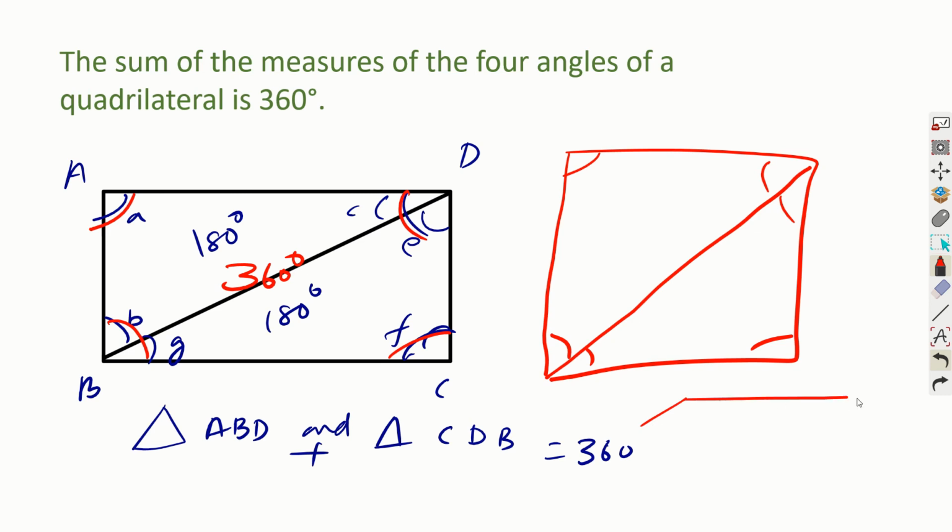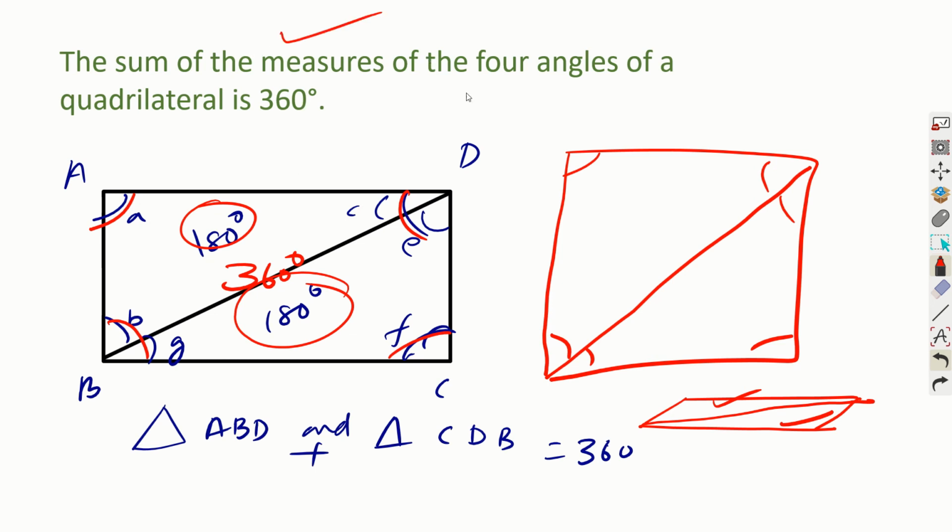Even if the quadrilateral is like this, if I make a diagonal, it will divide into two triangles. Always a triangle will create 180 degrees. So naturally two triangle angle sums will be equal to 360 degrees. Thus the sum of the measures of the four angles of a quadrilateral is 360 degrees is proved.